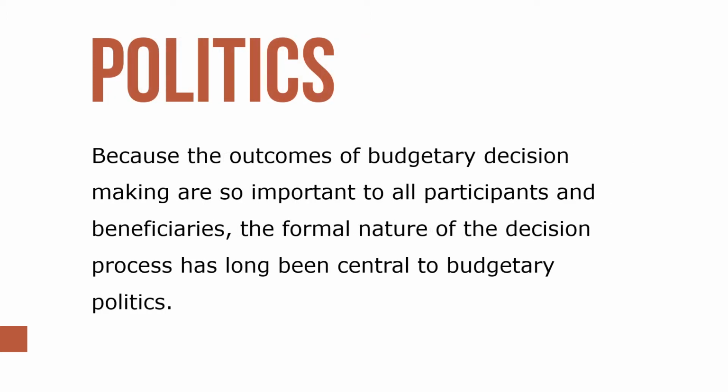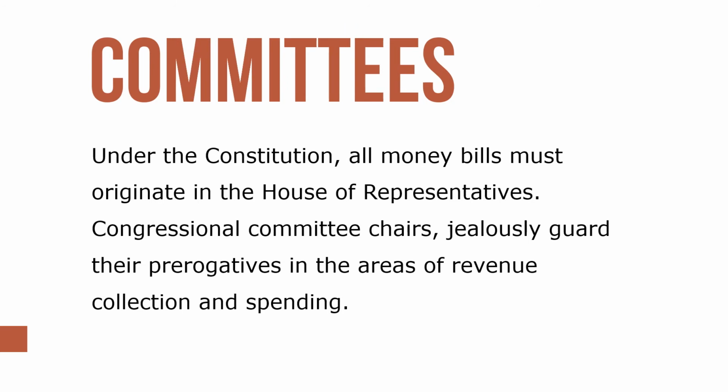Because the outcomes of budgetary decision making are so important to all participants and beneficiaries, the formal nature of the decision process has long been central to budgetary politics. Under the Constitution, all money bills must originate in the House of Representatives. Congressional committee chairs jealously guard their prerogatives in the areas of revenue collection and in spending.